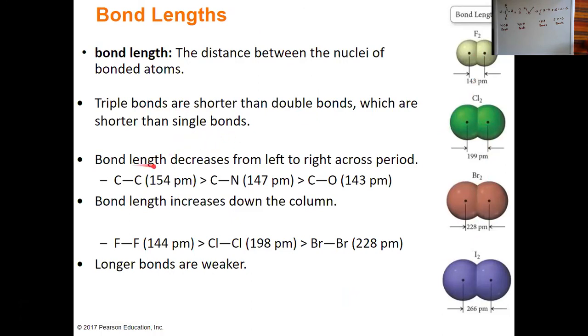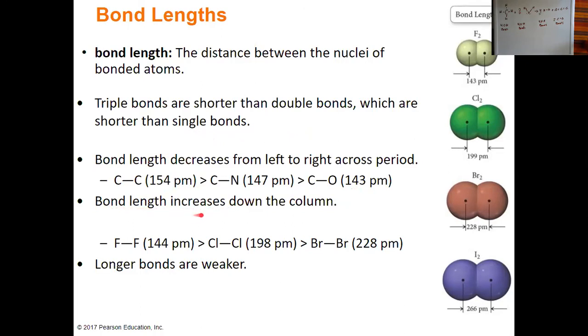And we see that bond length decreases from left to right. So a carbon-carbon bond, for example, is 154 picometers. If we move further to the right on the periodic table towards oxygen, a carbon-oxygen bond is 143 picometers. This has to do with electron attraction and things like that.